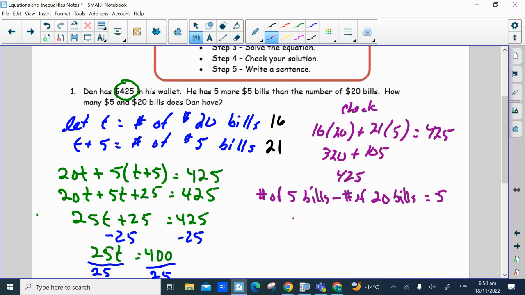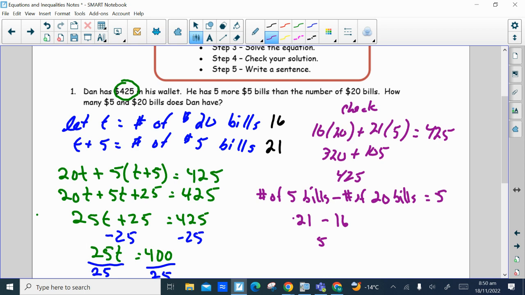He has 5 more $5 bills than $20 bills. So if we subtract them, the difference must be 5. We found 21 to be the number of $5 bills, 16 to be the number of $20 bills, and that does equal 5. So there's our check.